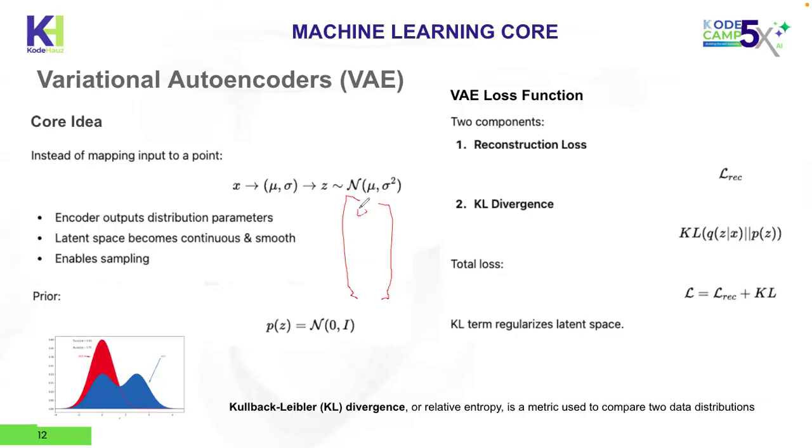That means you could represent it by 32 floating point numbers, 0.1, 0.5, and so on. So there are 32 numbers here. Basically, that's what it means when we say the dimension of the latent space is 32.